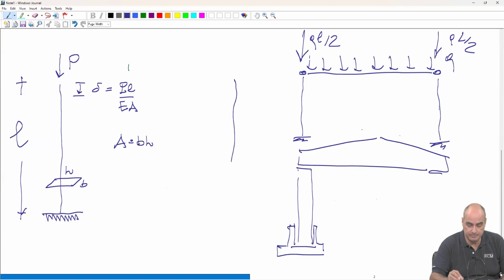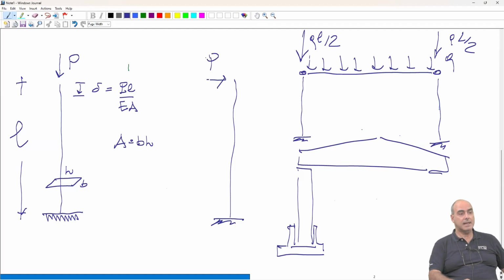Now, let us imagine that we do have the same column, exactly the same. That same load P is not vertical now, but it's lateral. So you can imagine in your building that here there is a facade, and the facade panel is in some way connected.